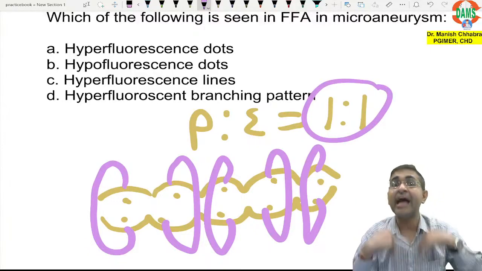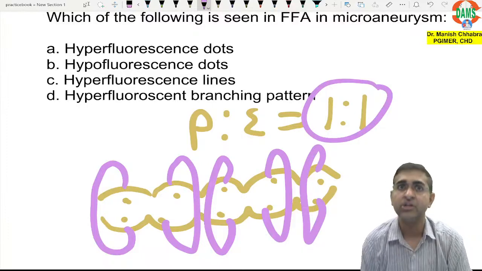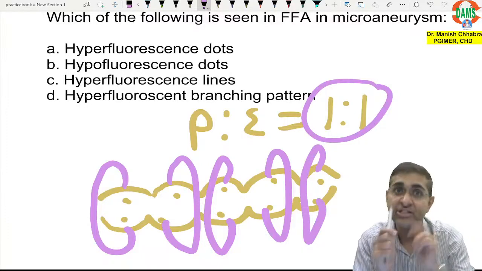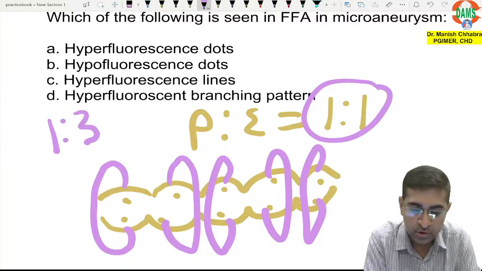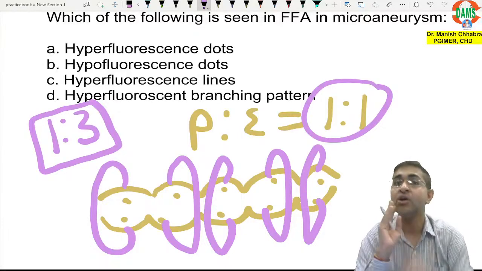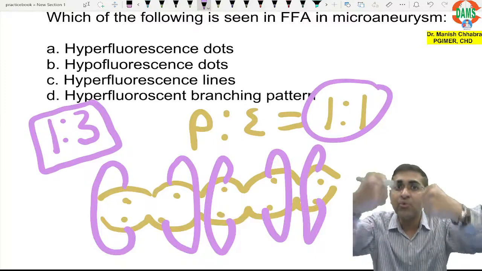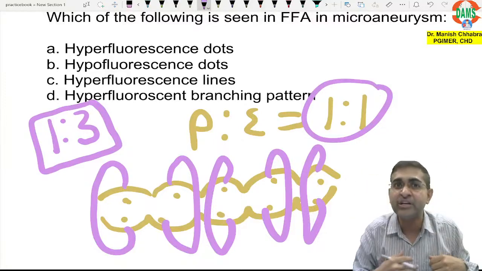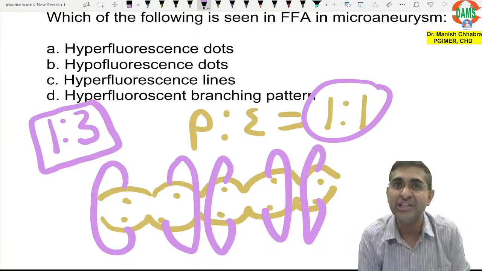But in diabetics, high blood sugar is toxic to pericytes, such that the ratio now becomes 1:3. Now you tell me, will one pericyte be able to hold one endothelium efficiently, or three endothelium efficiently?